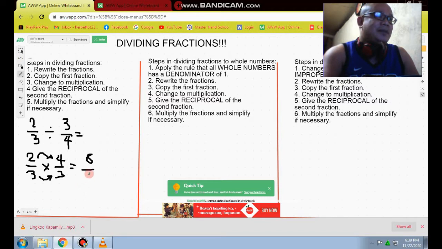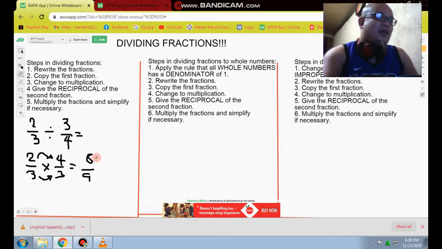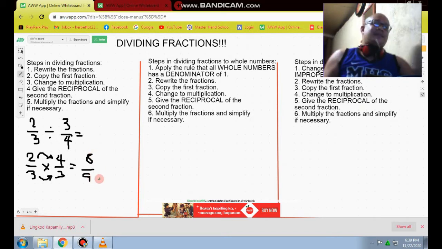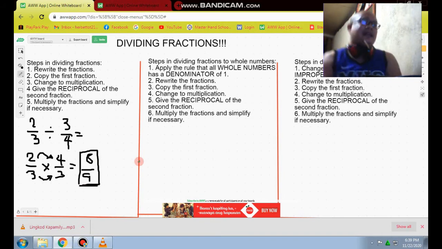Pwede ba siyang i-simplify? So I think it's not, no? Kasi yun na yung pinaka simplest form niya, no? Walang common factor yung 8 and 9. Alright? So yun yung answer natin, class. 8/9. Pero kung kailangan to i-simplify, no? Kung may common factor silang dalawa, so i-simplify natin.